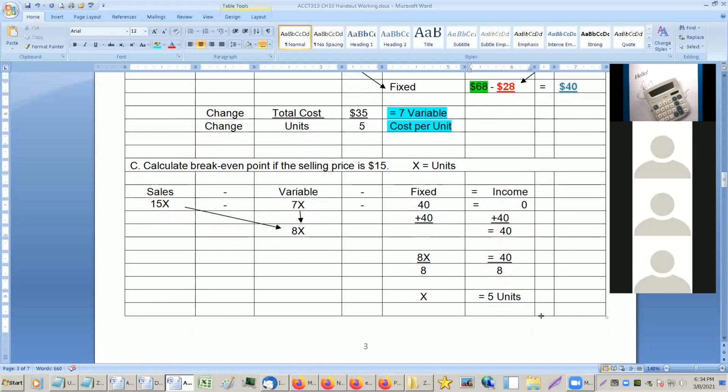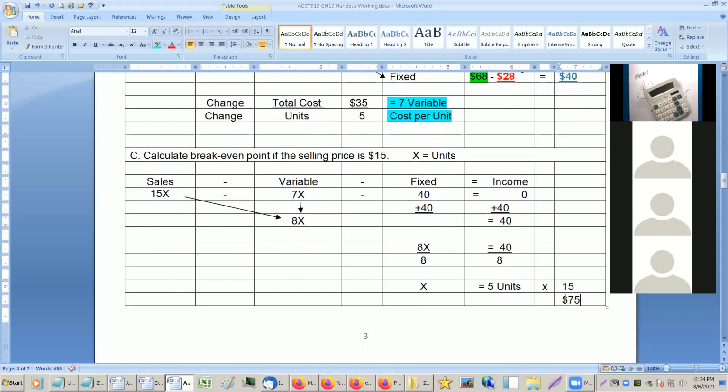And then if you wanted the dollar amounts, it would be 5 times $15. So anyway, this would be the break-even point. Break-even point would be 5 units, and the dollar sale would be 75.